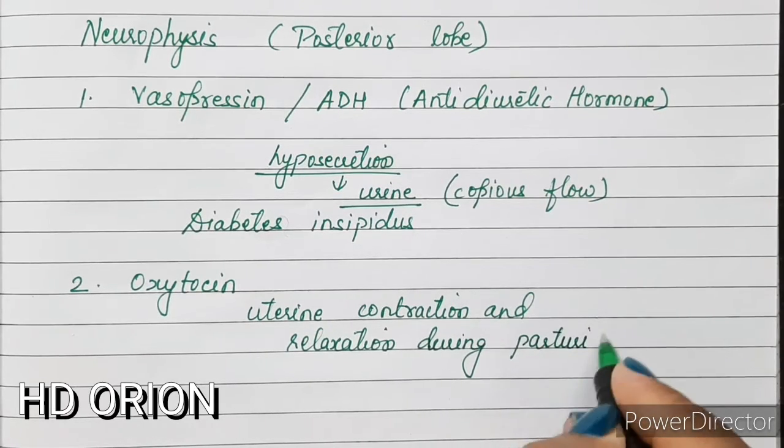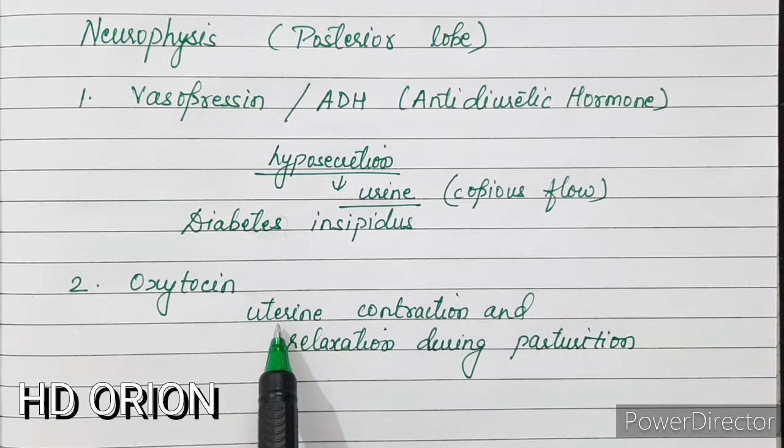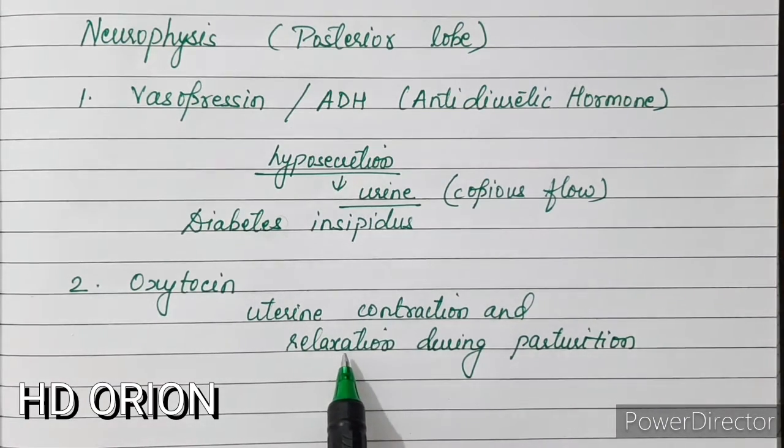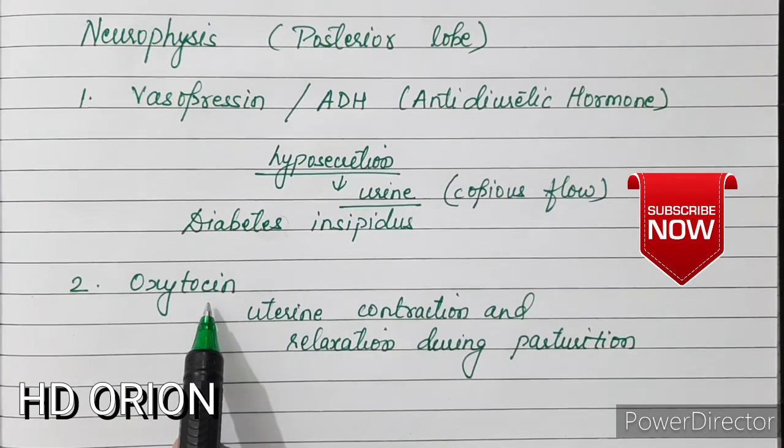The process of childbirth is called parturition. So during parturition, when the uterus contracts and relaxes, childbirth takes place, and this is at a particular time at the end of the gestation period. So oxytocin is produced at the end of the gestation period.